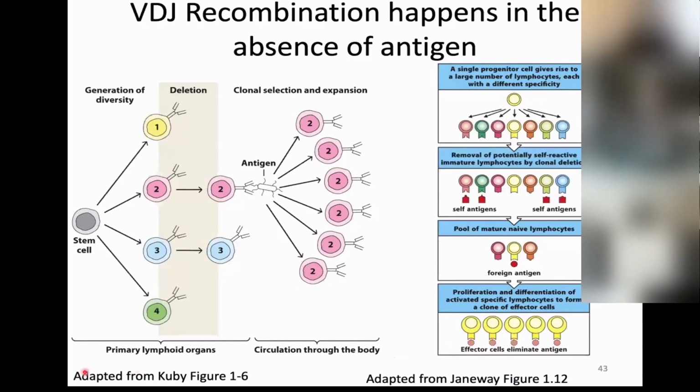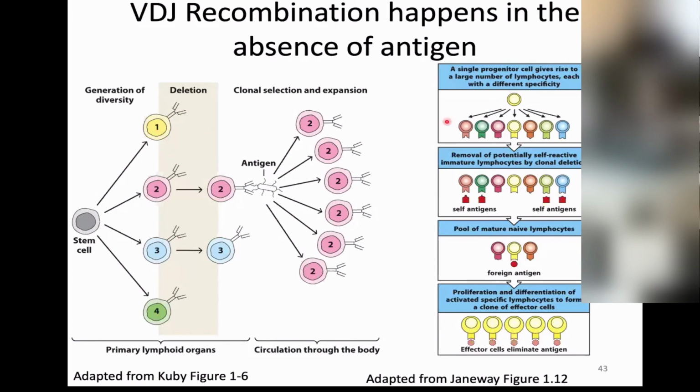But in reality, we do make this diverse set of cells, including some that are self-reactive, and then we kill all of the cells that make self-reactive receptors and only let the ones that have non-self-reactive receptors out. So this is the real way that clonal selection and expansion happens.